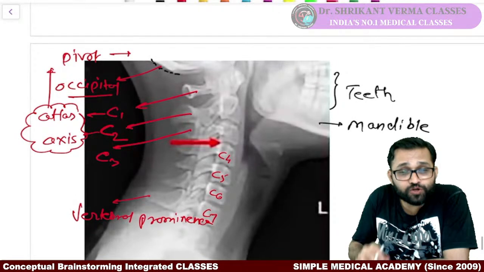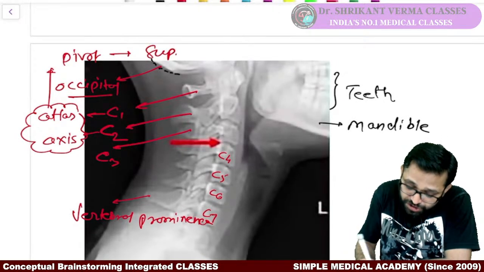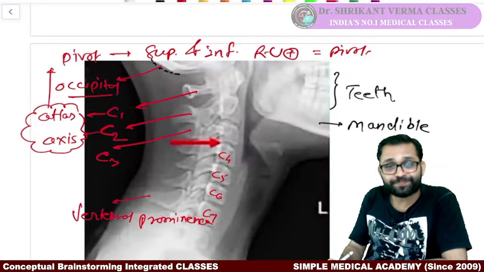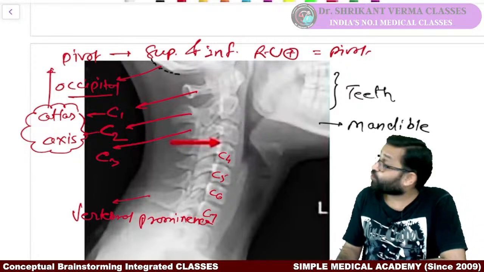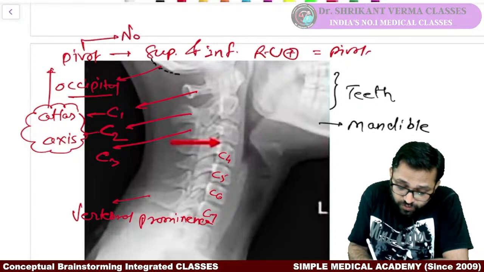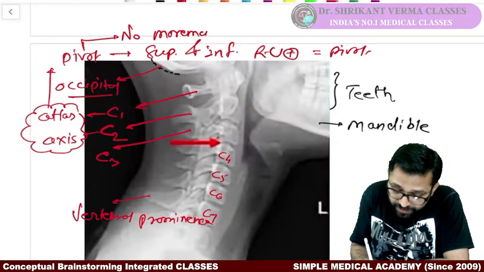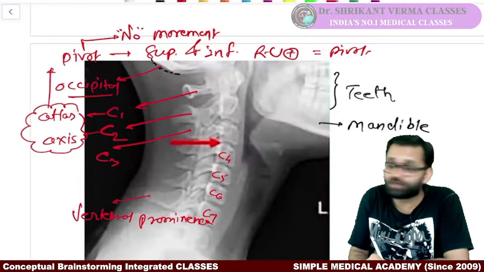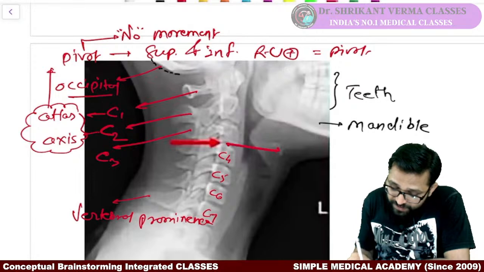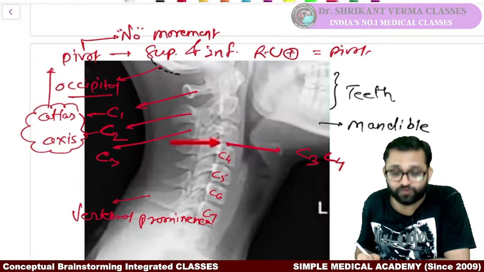Again I want to recall the recent question: the superior and inferior radioulnar joints are also pivot joints. Here there is rotatory movement. Earlier there was a question on no movement; here rotatory movement occurs. Fine. So clearly, you can see this is C3 and C4.